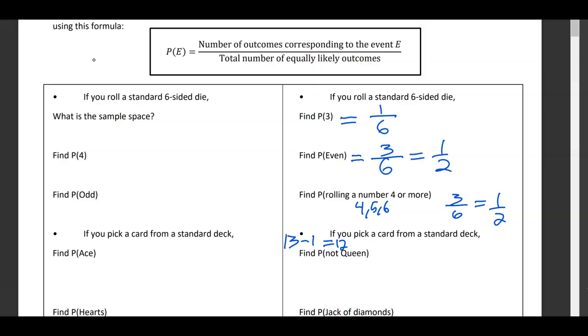So we can do 12 out of the 13, or we can do 48 out of the 52 if we want to add up all the cards. There's 52 total cards. There's 48 that are not queens. But you can also say there's 13 in a suit, and 12 of those are not queens. These are the same numbers.